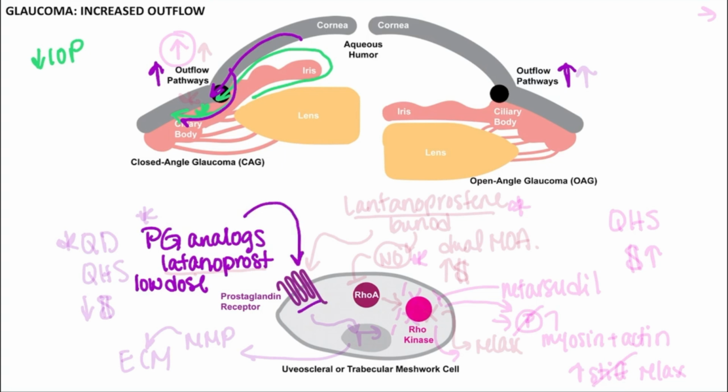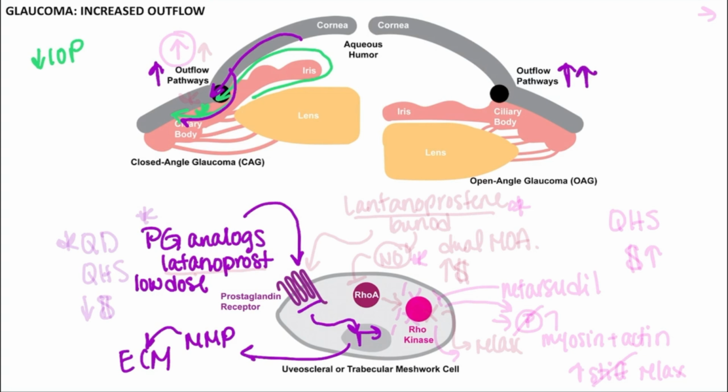That is also a GPCR, which again, we won't go in depth into the signaling cascade, but the binding of these prostaglandin analogs to their respective receptor leads to alterations in the expression of things like matrix metalloproteases and others capable of altering the extracellular matrix, as well as relax the ciliary muscle and cause cytoskeletal changes, all of which will fix the remodeling done by this increased intraocular pressure over time to help promote that outflow.